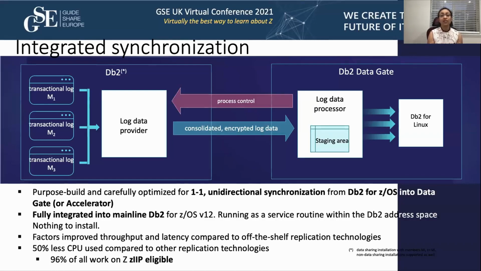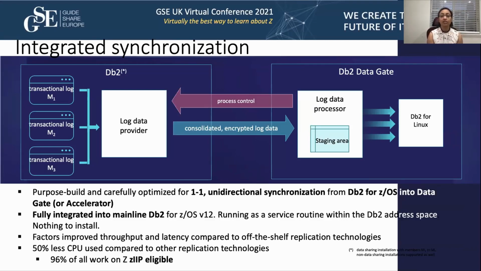Also, since it's part of the engine itself, it follows the same install, update, and support lifecycle of the engine with no additional steps required. The design ensures that the CPU usage is minimal and kept in check, and that the throughput is also higher. Plus, it's nearly fully zIIP eligible, at about 96%.